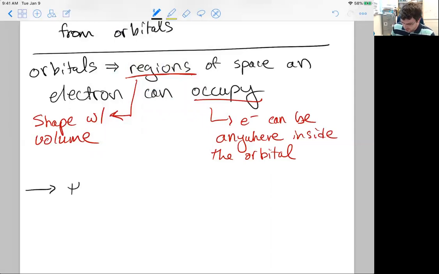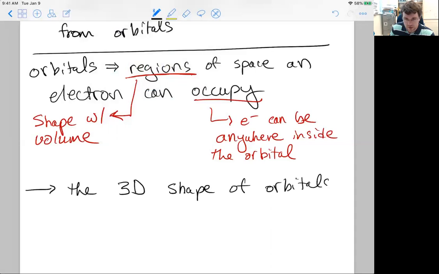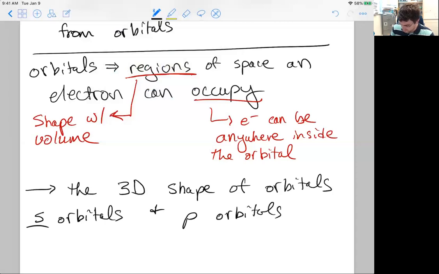And that is the three-dimensional shape of orbitals. Okay, so maybe you've seen this before, but there are what are called s orbitals, s as in the letter S, and p orbitals, p as in just the letter P. There's s and p orbitals, and they have a three-dimensional shape.